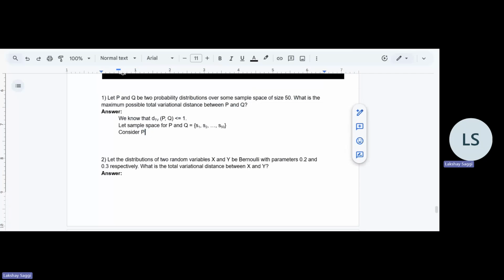Now how do we define P and Q? Suppose the probability with respect to distribution P of having the state S1 is 1, and for all other states it should be 0, because probabilities over all the states sum up to 1. So the probability of S2, the probability of S3, and so on till the probability of S50 is 0.